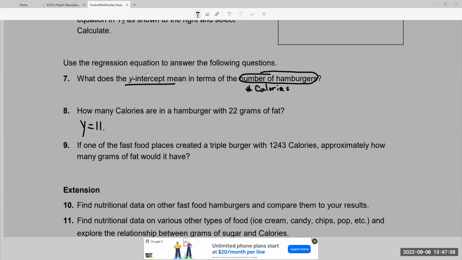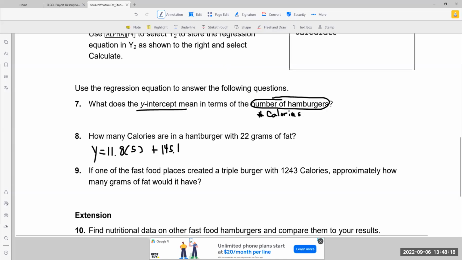It was 11.8 and 145.1. So I'm going to plug in a 5. So here's yet another way of doing this. Okay, and then you would solve that and get your answer. And of course, you could replace the 5 with 60 or with 22.